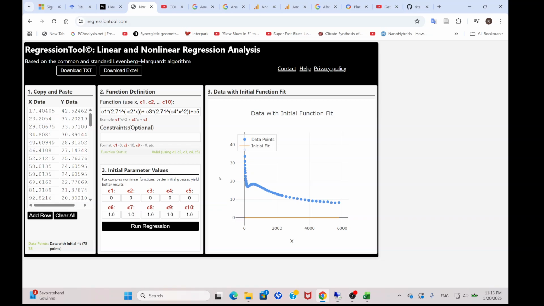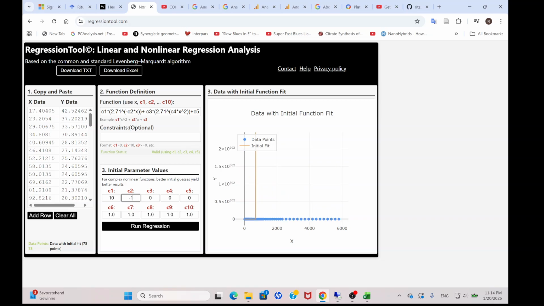Okay, so these are all zero. Let's start C1 with 1. How does it look? Okay, it does not do anything bad. This initial plot is going closer to the data points. Maybe we can go for 4 or maybe 10. It's not bad because at least we have something that is intersecting with the data points, right? So C2, maybe 1. Again, it goes down, so maybe -1.